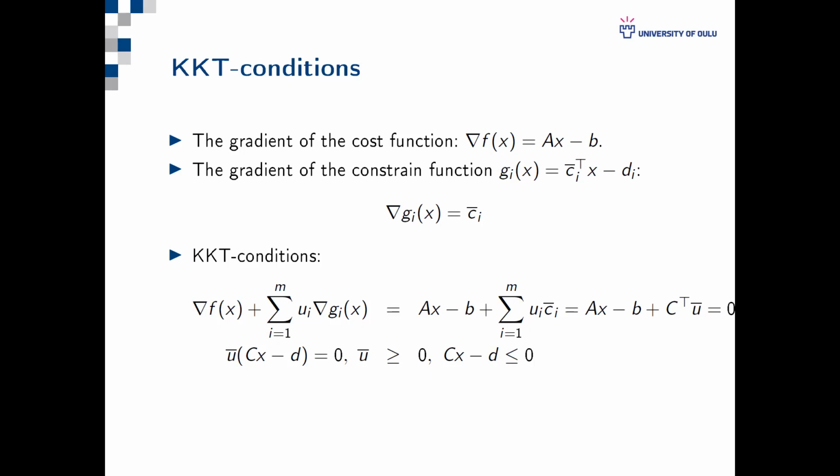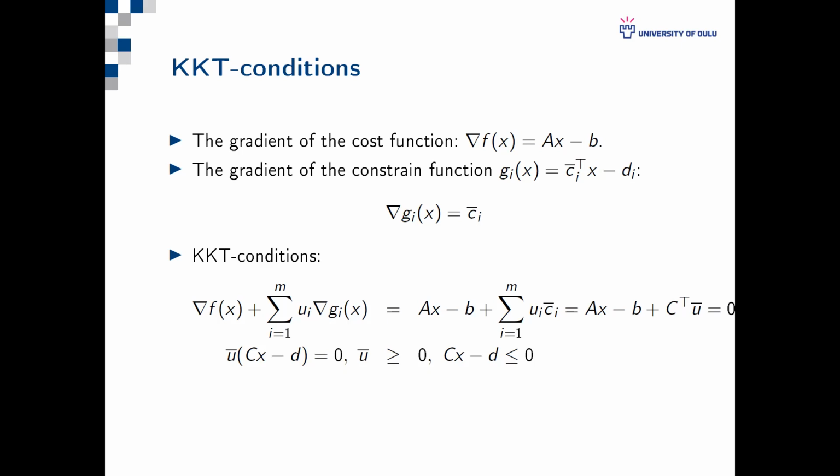So the gradient condition for a minimum point is the gradient of f plus the linear combination of the gradients of the constraint functions, or the linear combination of the row vectors of the matrix C, with some Lagrangian multipliers which must be non-negative.